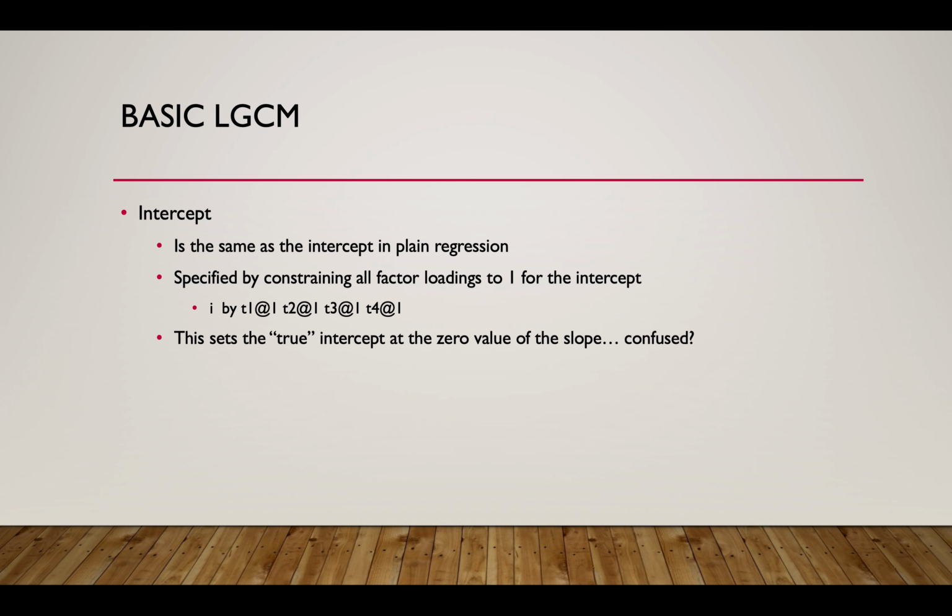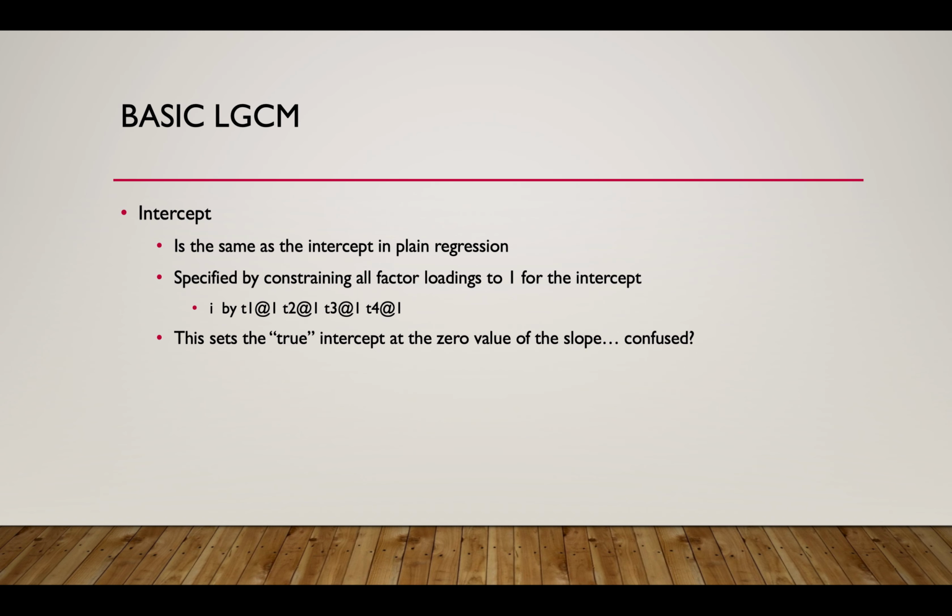Remember that when you do categorical interactions, or when you have a dummy coded variable in there, whatever is set as 0 winds up being your mean effect, and that's true in latent growth curve modeling as well. This sets the true intercept at 0, or whatever 0 value the slope is. I hope that is clear as mud right now. It will become more clear when we're doing this in class.